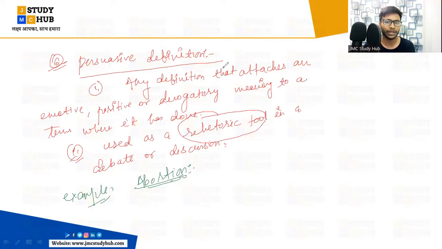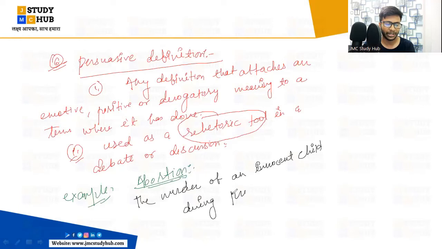In order to persuade, you will define it like that, for an example, as the murder of an innocent child during pregnancy.